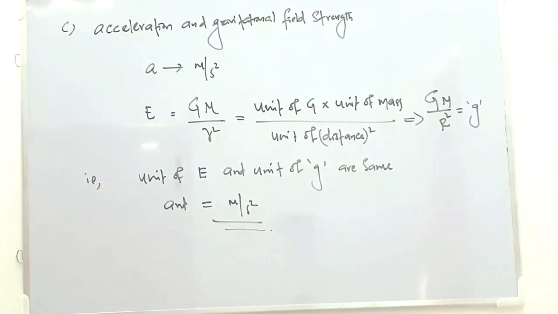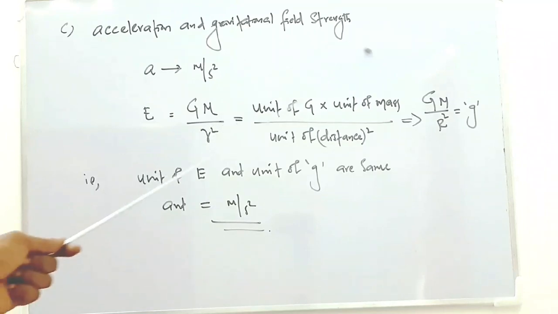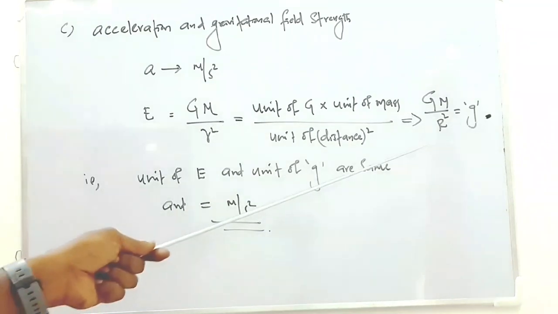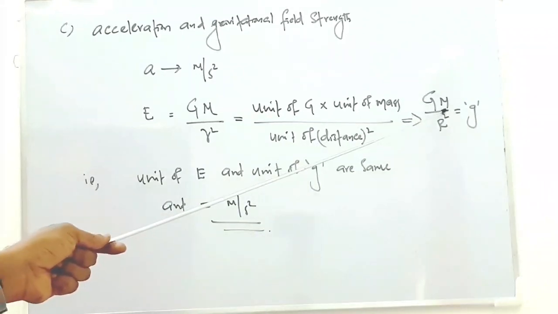Next one is acceleration and gravitational field strength. Gravitational field strength means gravitational field intensity. Acceleration is having a unit meter per second square. Gravitational field strength can be written as G capital M by R square. That is, we have to find out the unit of G, unit of mass, all divided by unit of distance square. This is also the same for the case of small g, because the formula for small g is G M by capital R square.